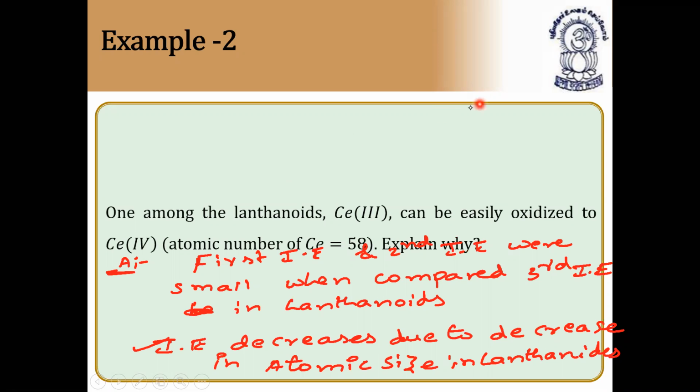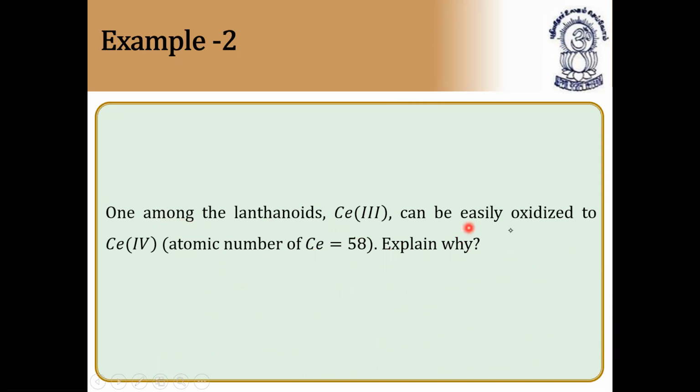Next. Among the lanthanides, cerium-3 can be easily oxidized to cerium-4, atomic number cerium-58. Why?